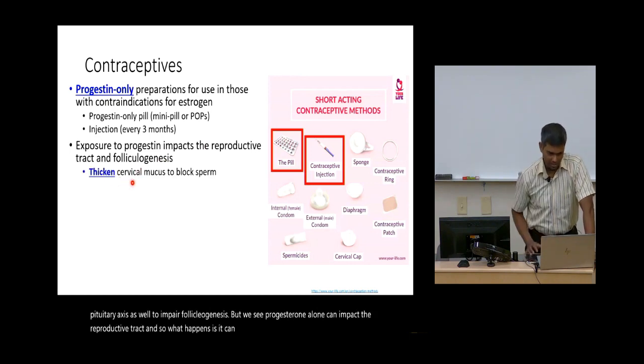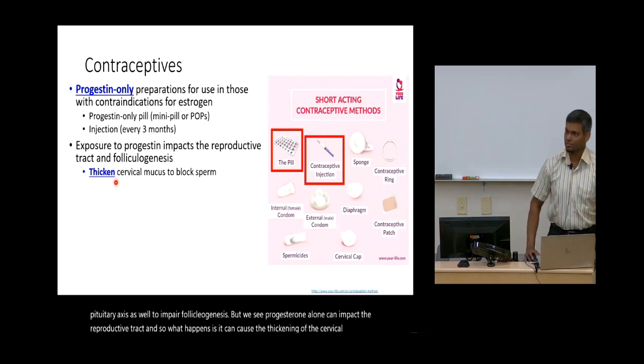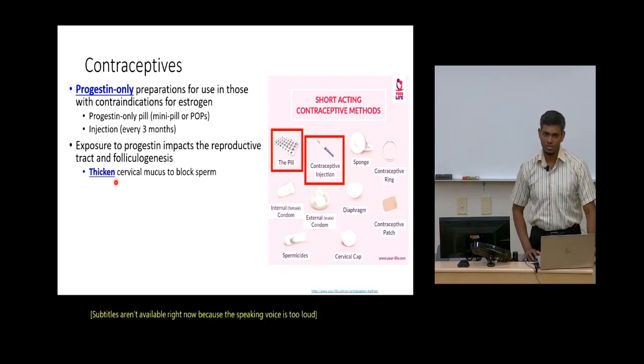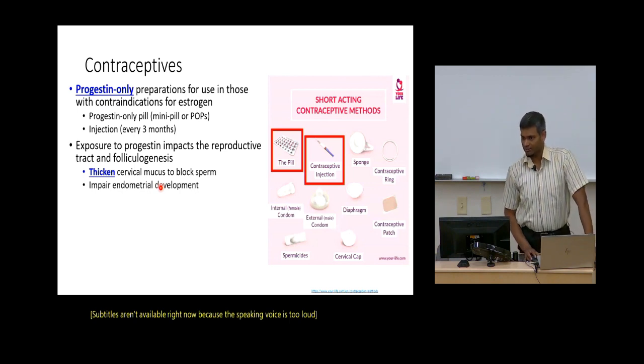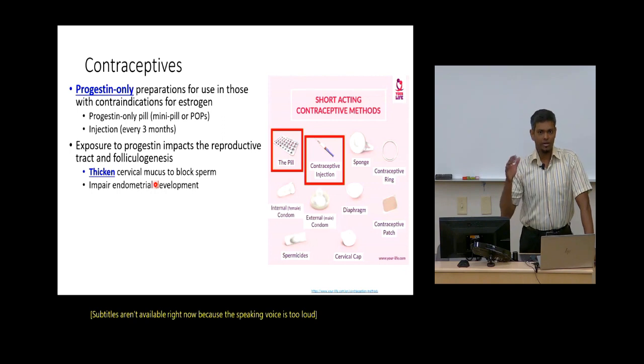And so what happens is it can cause the thickening of the cervical mucus, and as the mucus gets thickened, it can block the sperm. And we find that the progesterone can impair the endometrial development. So I told you in the previous slide that the proliferative phase is mediated by estrogen, right?